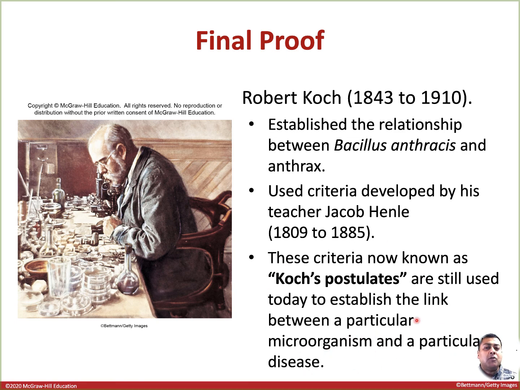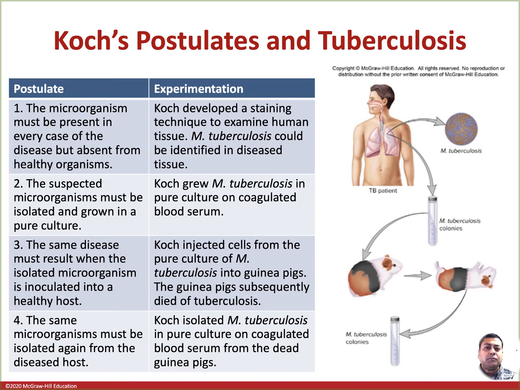So how Robert Koch's postulates work, we're going to dissect that. In the first postulate, the microorganism must be present in every case of the disease, but absent from a healthy organism.